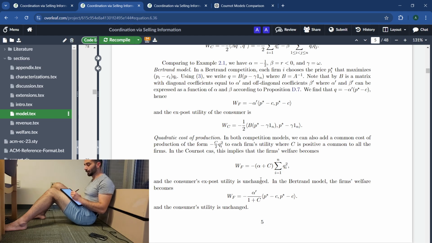So Qi will be alpha prime Pi minus gamma plus sum over j of Pj star beta prime Pj star minus gamma.